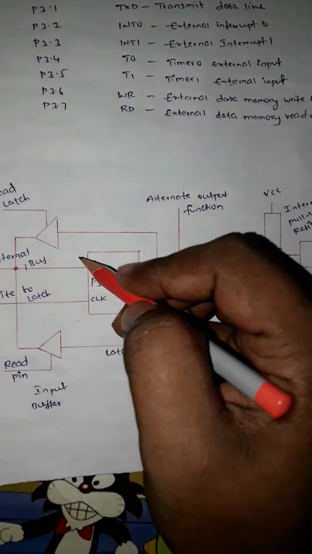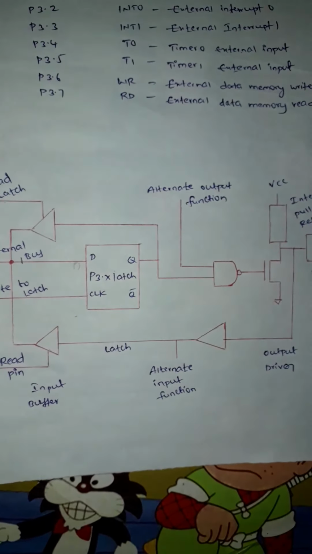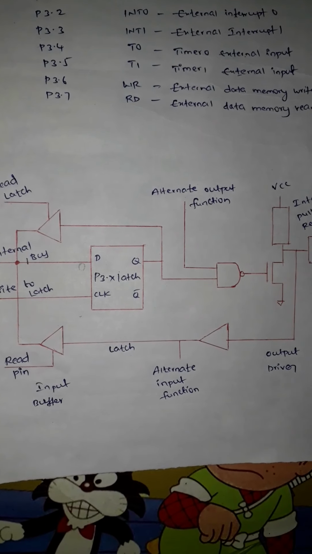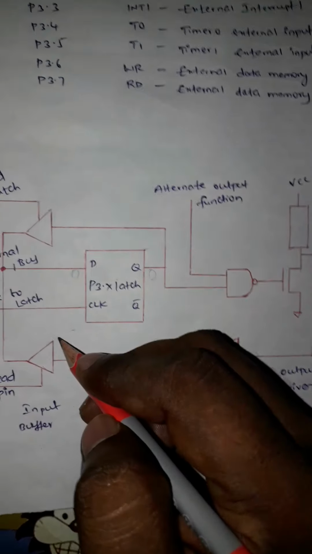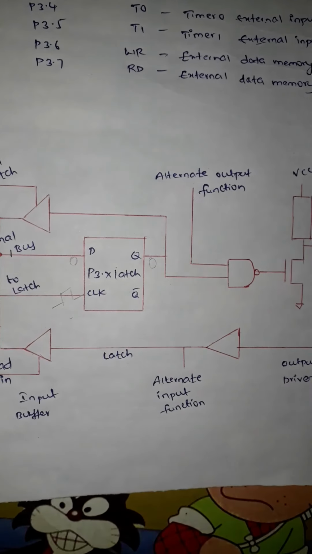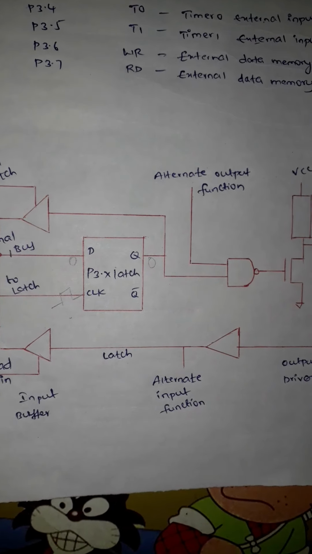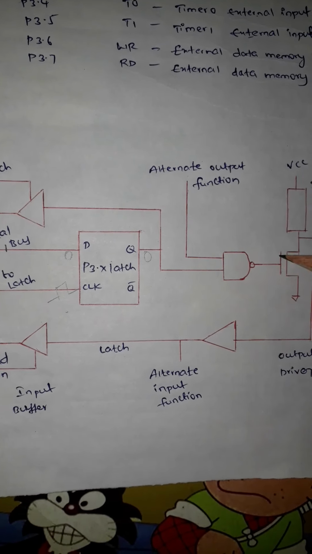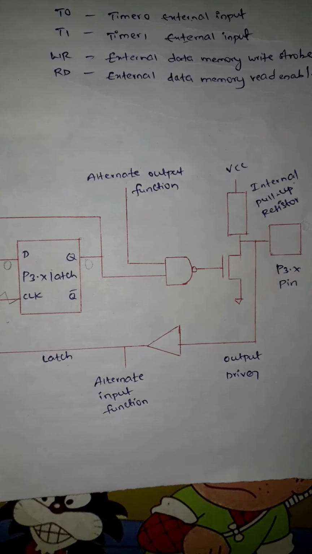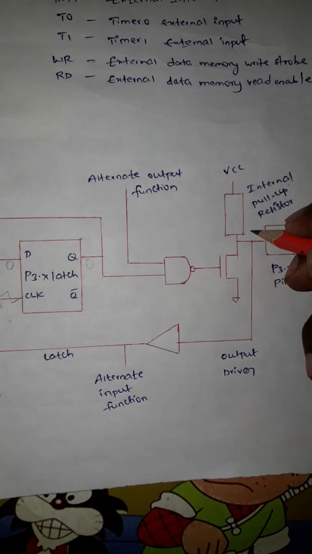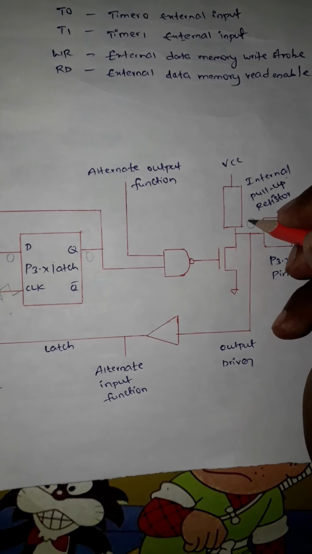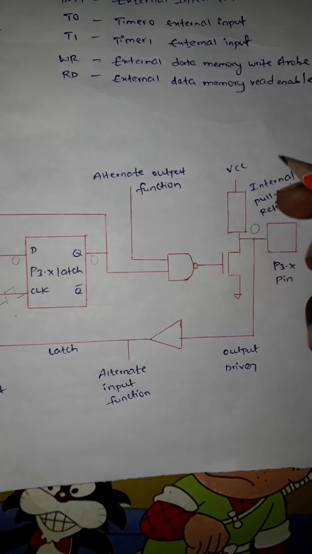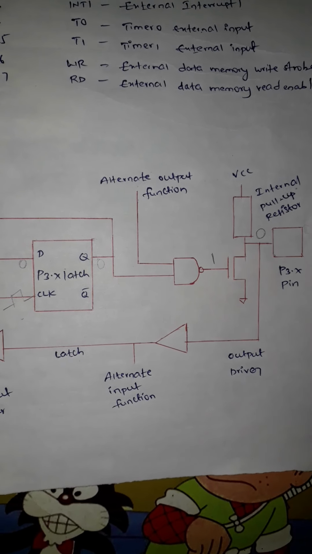You can see that if value 0 is given at the D input, then the output at Q is 0, and you need to apply the clock pulse. So when Q is 0, for obtaining the value 0 here, the output of the NAND gate should be high.